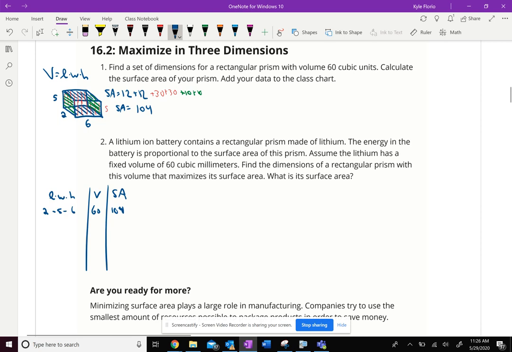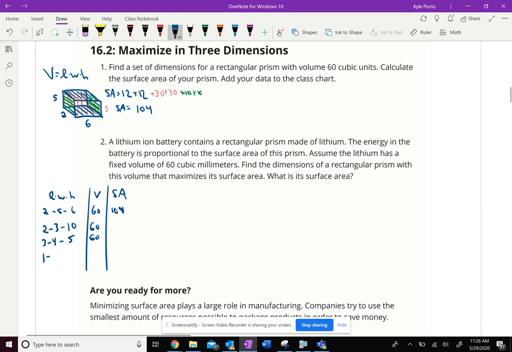First of all, let's come up with some numbers that multiply to 60. I did 2 times 5 times 6. 2 times 3 is 6. 6 times 10 would give me 60. Let's see. 3 times 4 is 12. 12 times 5 is 60, so that would work.